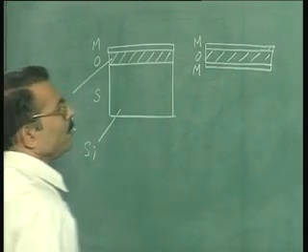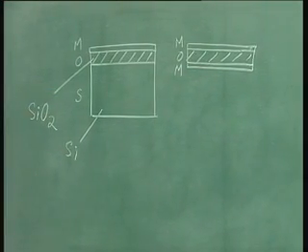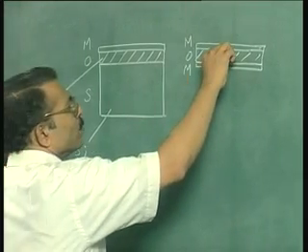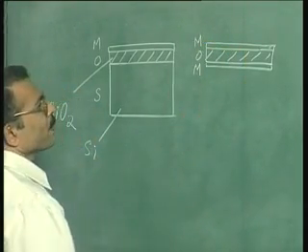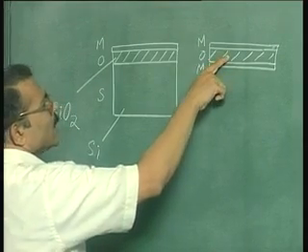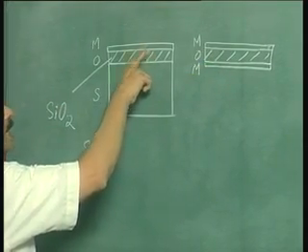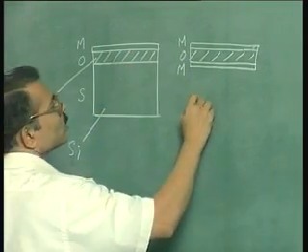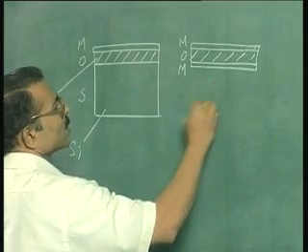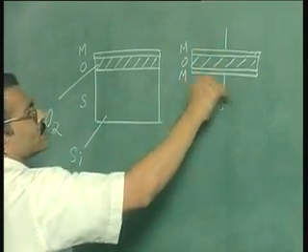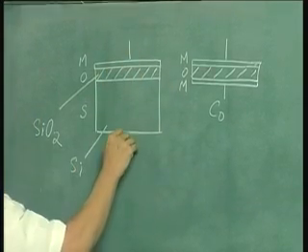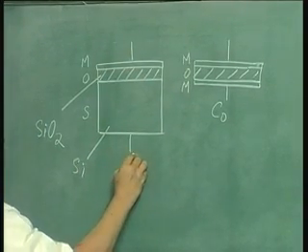So this is a normal parallel plate capacitor containing the oxide layer as the dielectric. Now the thickness of the oxide layer is the same as the thickness of the oxide layer in the actual MOS capacitor. So capacitance of this particular structure is C0 between these two terminals, whereas the capacitance of this structure, which is our MOS structure, is C.